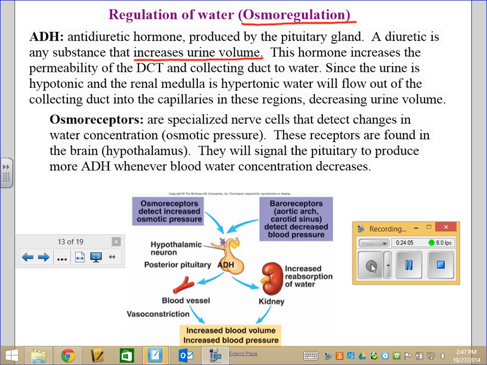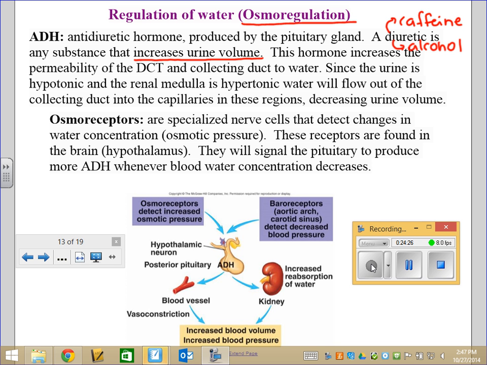For example, things that contain caffeine are diuretics. Things that contain alcohol are diuretics. Both of those substances would increase your urine volume.